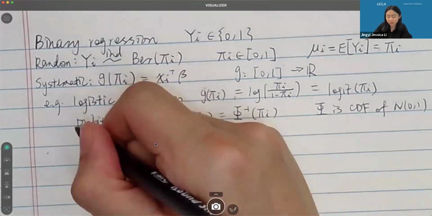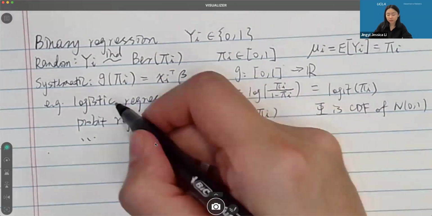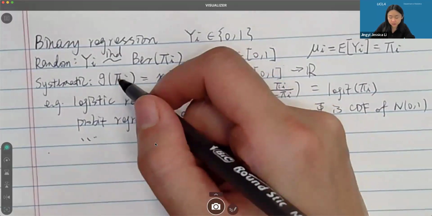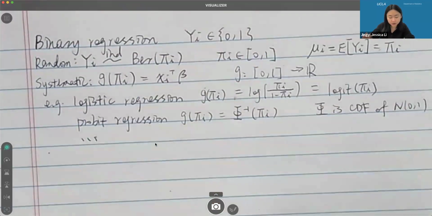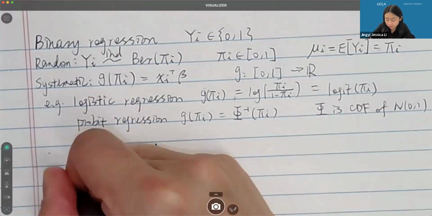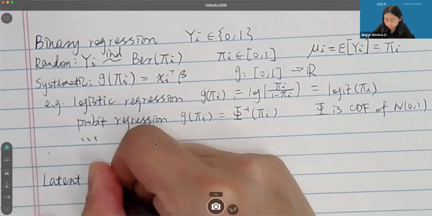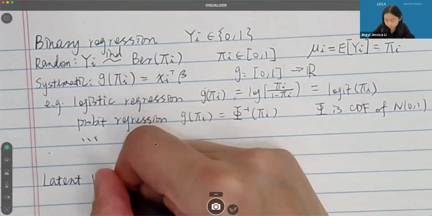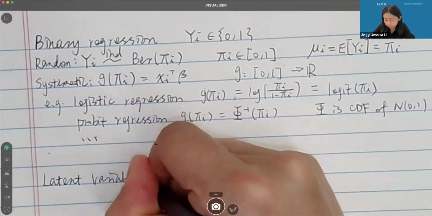But to generalize, to consider other possibilities, we will provide this interesting formulation of binary regression. We consider this to be a latent variable formulation.